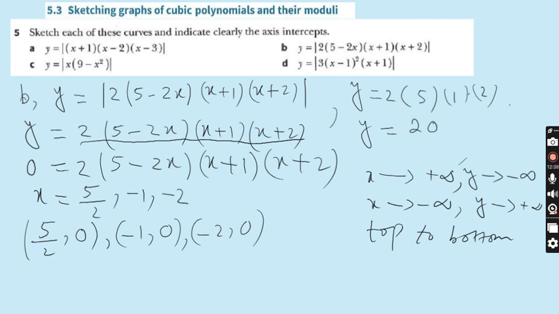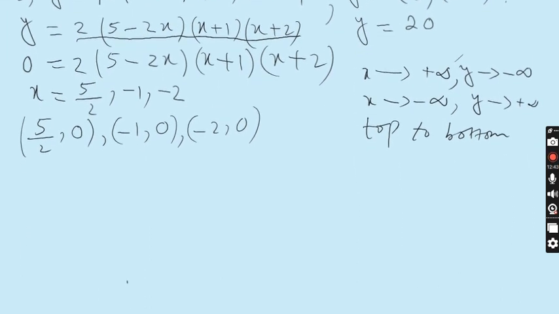Now it's time to sketch the graph. You have the x-intercepts, draw the x-axis and y-axis. This is x, this is y, this is the x-axis, this is the y-axis, and this is 0. So minus 1 comma 0 is over here, and minus 2 comma 0 obviously over here. 5 upon 2, that is 2.5, obviously over here.